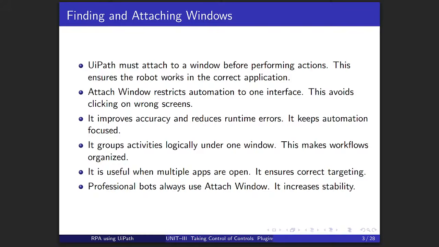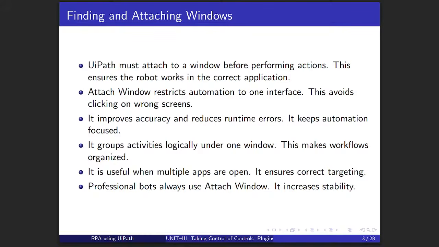So that is why we have attach window. Attach window removes the confusion and increases the accuracy. Attach window says, okay, open your WhatsApp and please type this data. Then it will be clear, right? You will open your WhatsApp and type the data. It will be very clear.